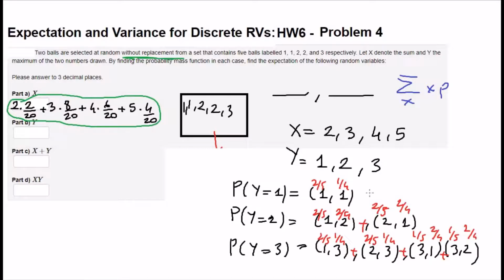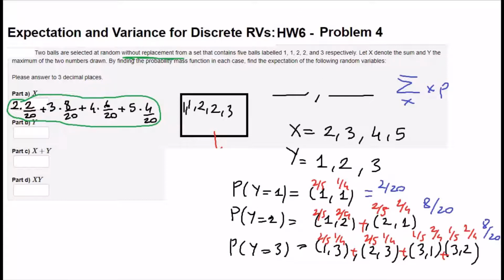And probability that y is equal to 1 is 2/20. Probability that y is equal to 2 is 2 times 2 is 4, 4 plus 4 is 8, 8/20. And for 3, it's 2 plus 2 is 4, plus 2 is 6, plus 2 is 8, 8/20 again.